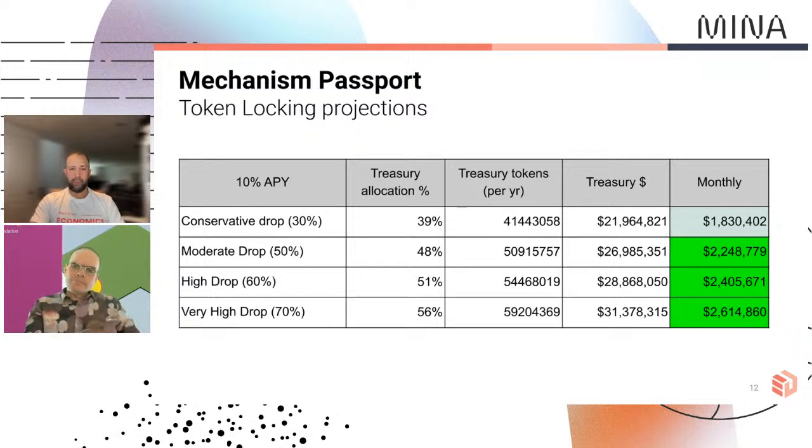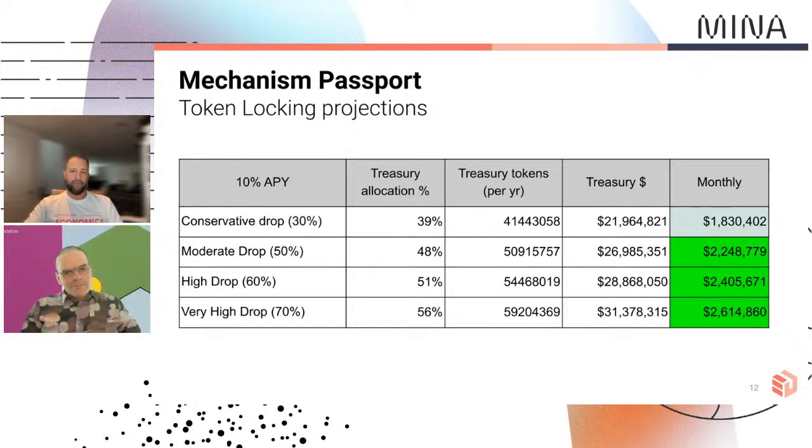We see that potentially the 10% APY would be the easiest solution to implement because it takes us to our objectives faster, as well as obviously 10% is still a pretty decent APY if we compare with other protocols and other L1 chains more specifically.